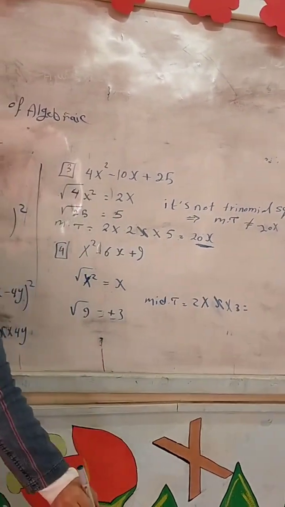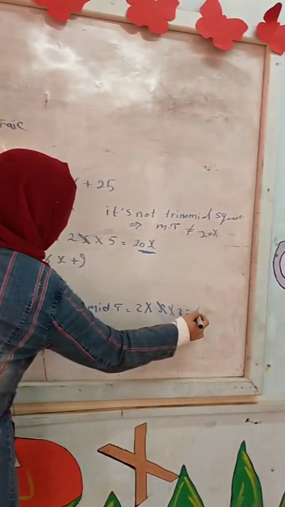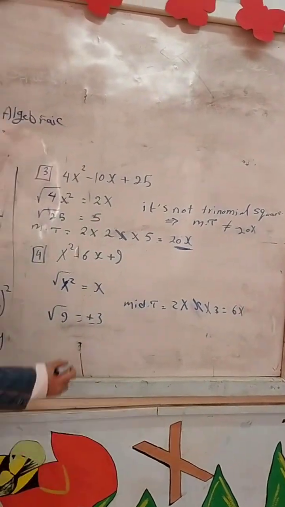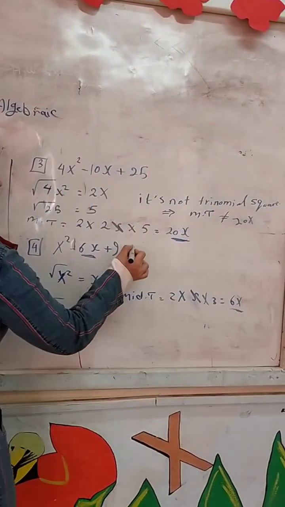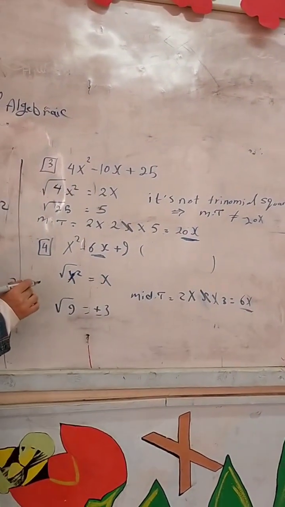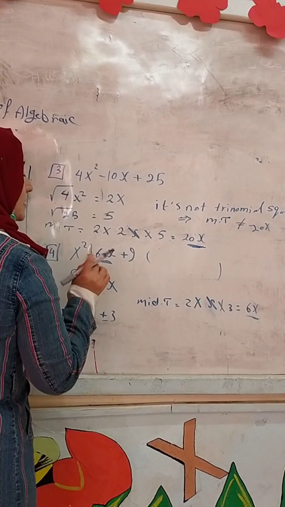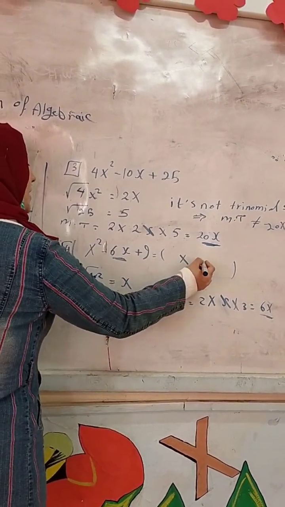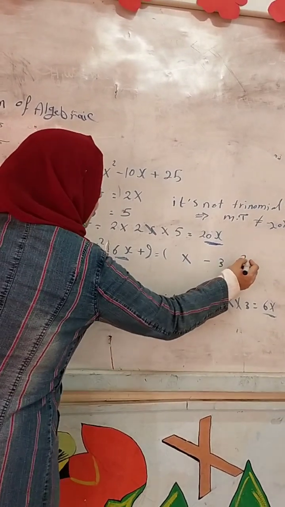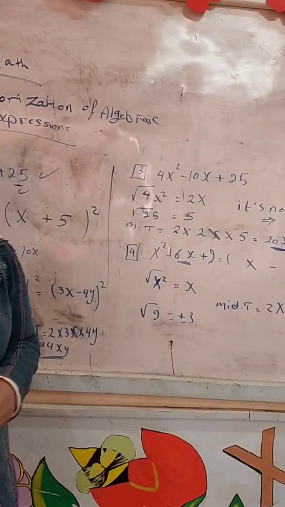So the result is 6x. So our two values are equal. So this expression is a perfect trinomial square, and we can put it in the form of (x minus 3) to the whole square. Okay, thank you.